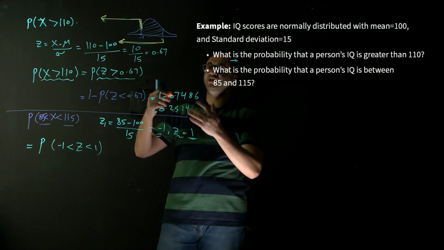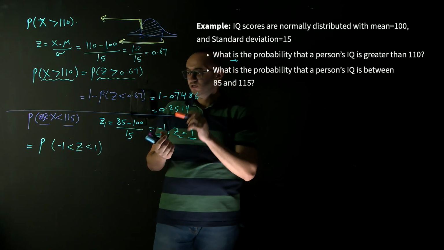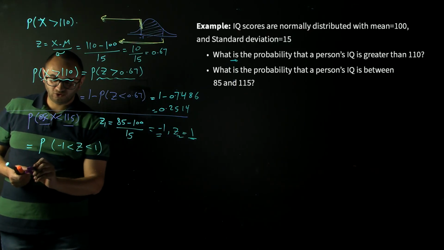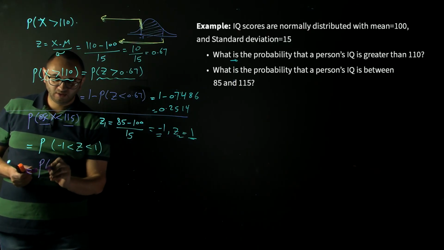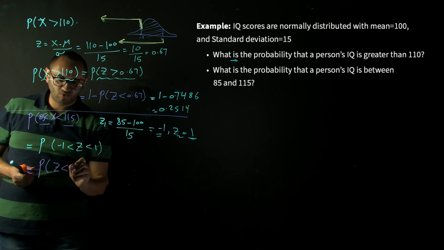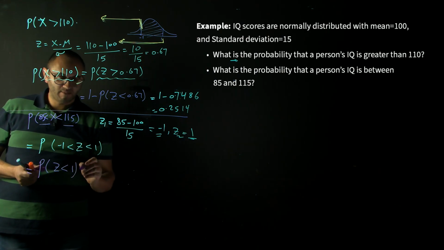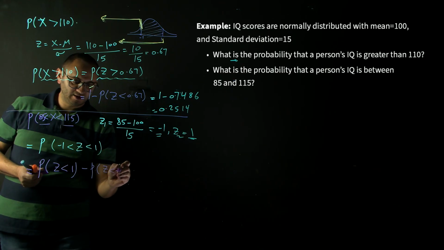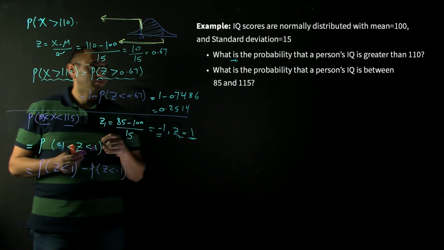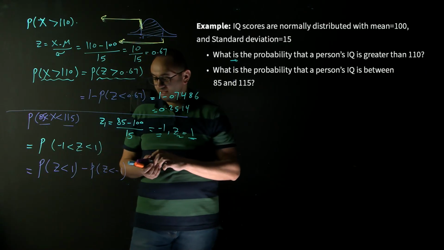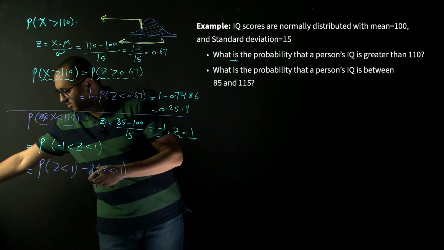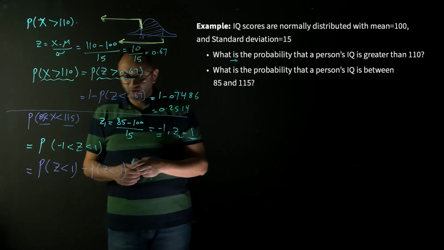Once you subtract, you get the area in between. So this equals the probability z is less than 1 minus the probability z is less than negative 1. All right, and then we can use the standard normal distribution table to find each probability.